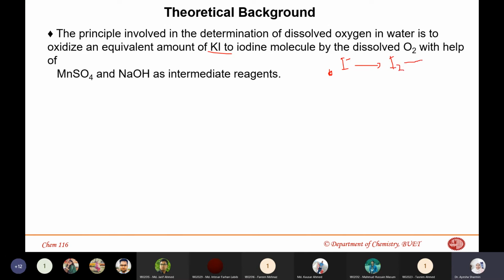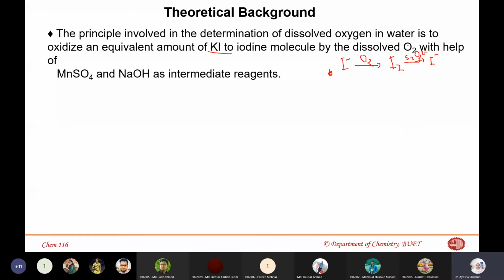You make it that and then you convert it back again to I-. Here the oxidizing agent is O2, and here you have S2O3. Okay, so this is the whole reaction of what is happening here.